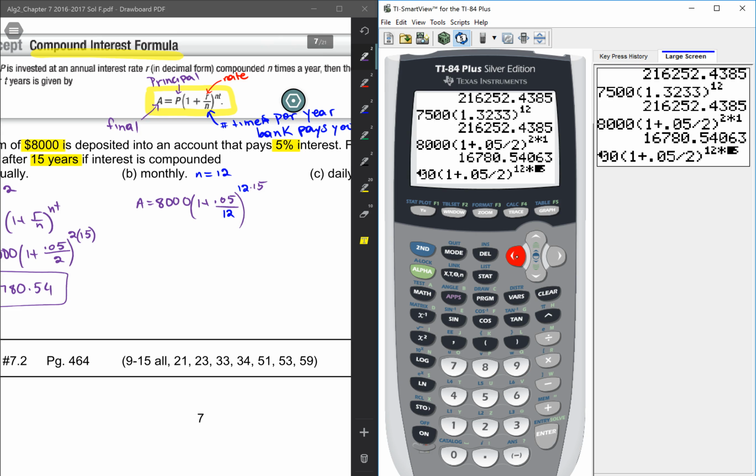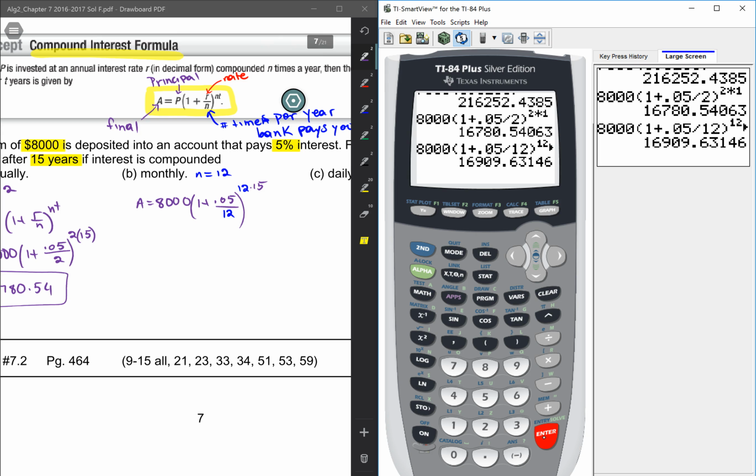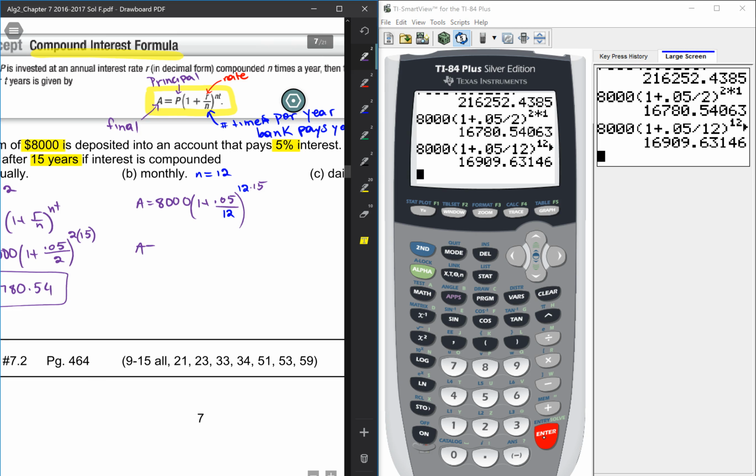In here, it's 1 plus 0.05 over 12. So what I do is type in the 1, and now to insert another character, second, insert, 2, enter.